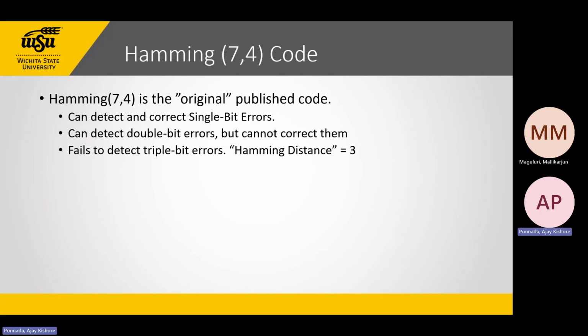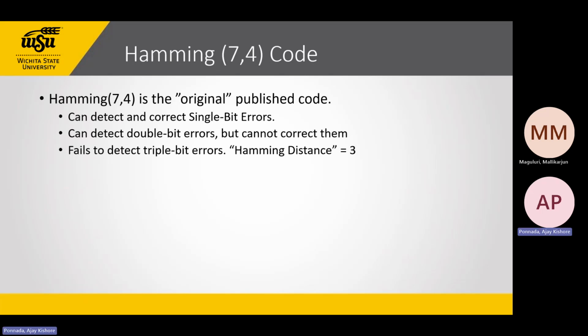Hamming (7,4) is the original published code. We have different sizes of Hamming code, and 7,4 is the original published code. It can detect and correct single bit errors. So if there is one bit flipped in our information, it's going to detect and correct that bit. It can detect 2 bits, but it can't correct them.